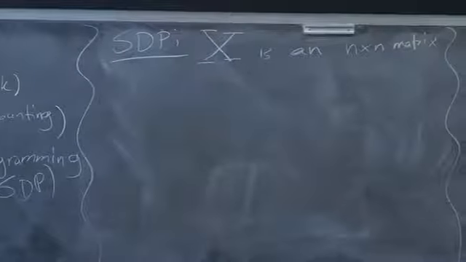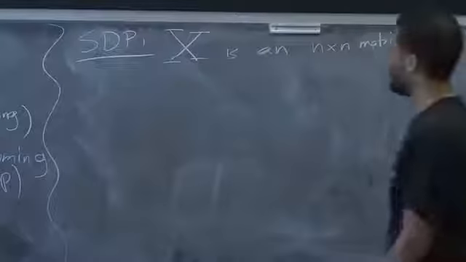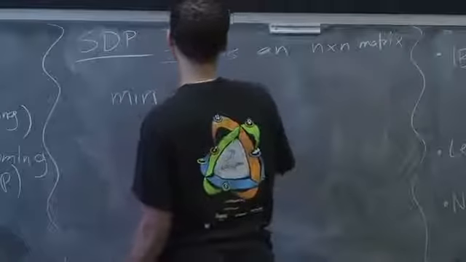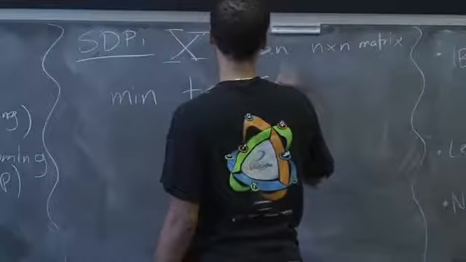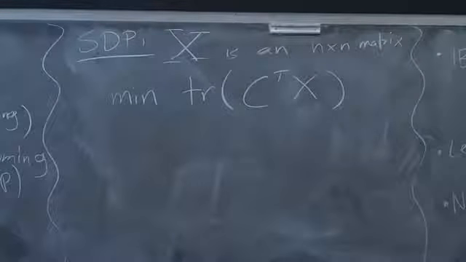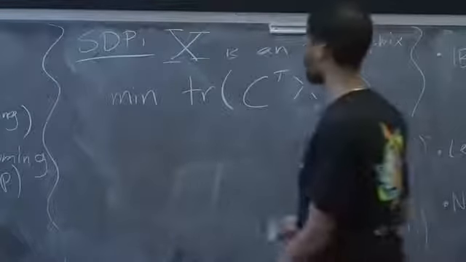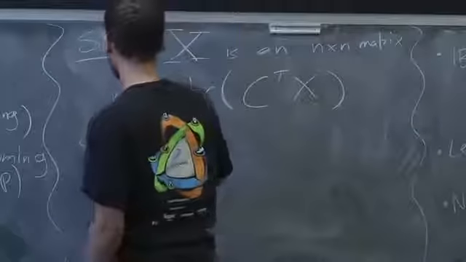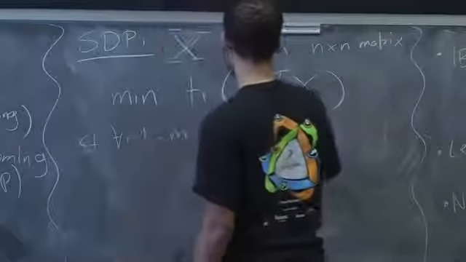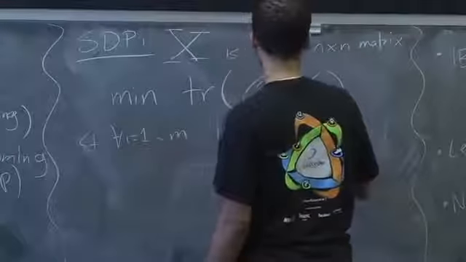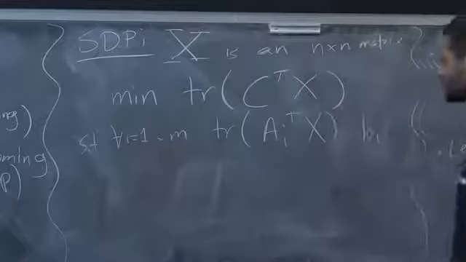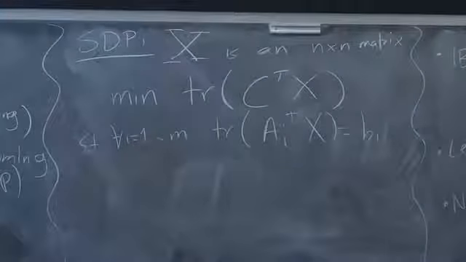Now we're trying to solve for some matrix X. The problems look like: minimize the trace of C transpose X, and I'll say in a second how to interpret this, such that for i from 1 to m, the trace of A_i transpose X is equal to b_i.